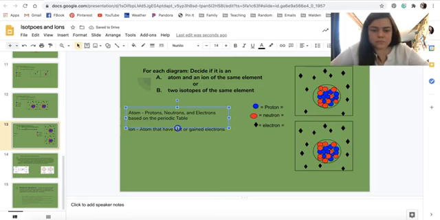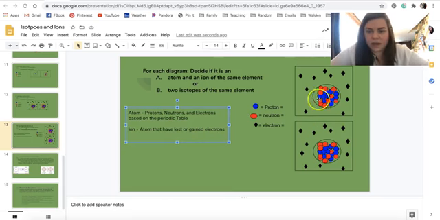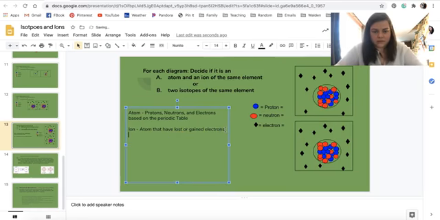So again, to figure out the two, we're really looking at electrons to figure out if one is an atom and one is an ion, or if they're isotopes. Now, isotopes, if you remember from last week, are atoms with a different number of neutrons than the periodic table.